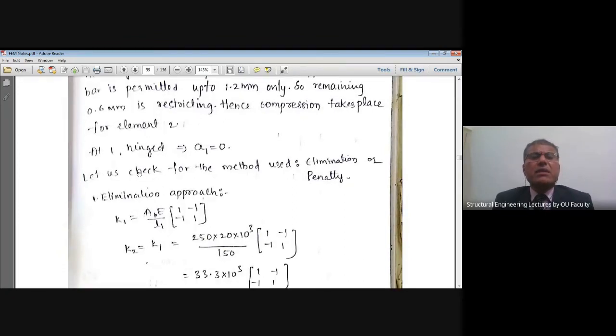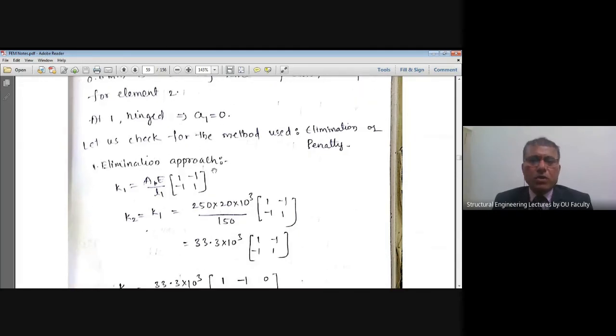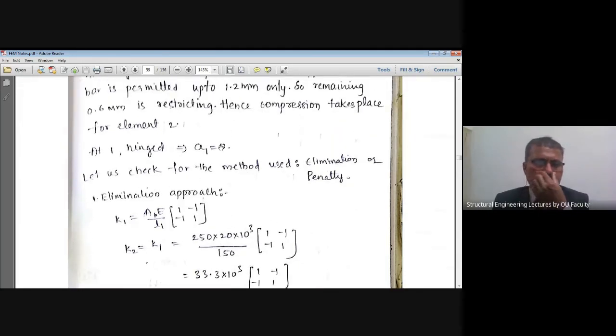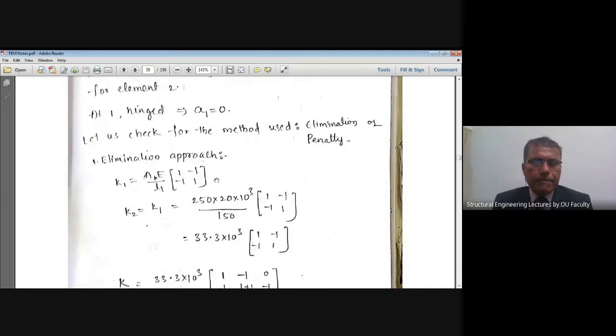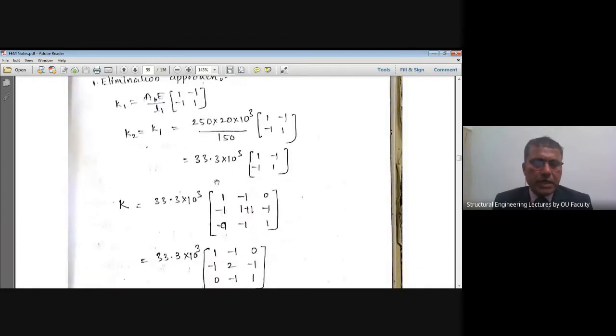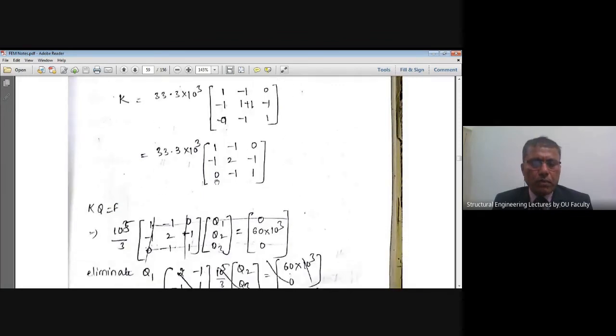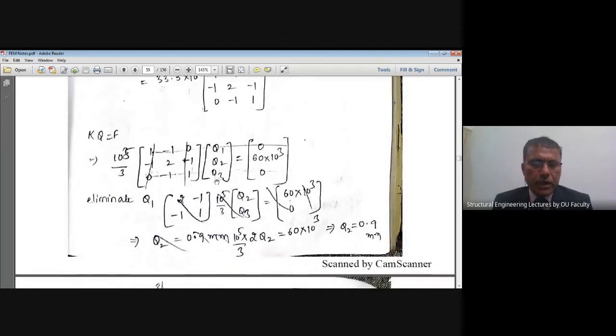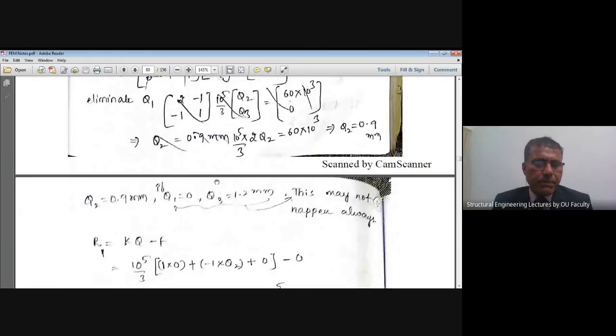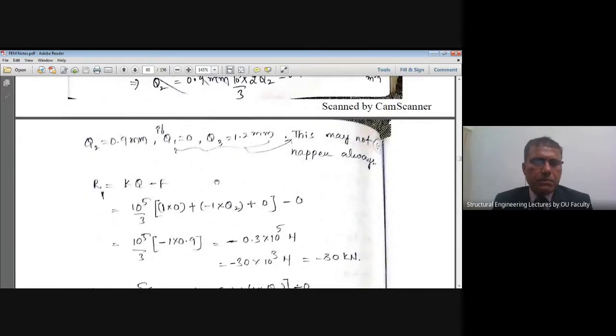Next, node 1 is hinged. Hence, as already given in the problem, since it is hinged, Q1 is equal to 0. Q1 is specified as 0. Also, we have just seen that node 3 will try to move by 1.8 mm, but it is not permitted that much.